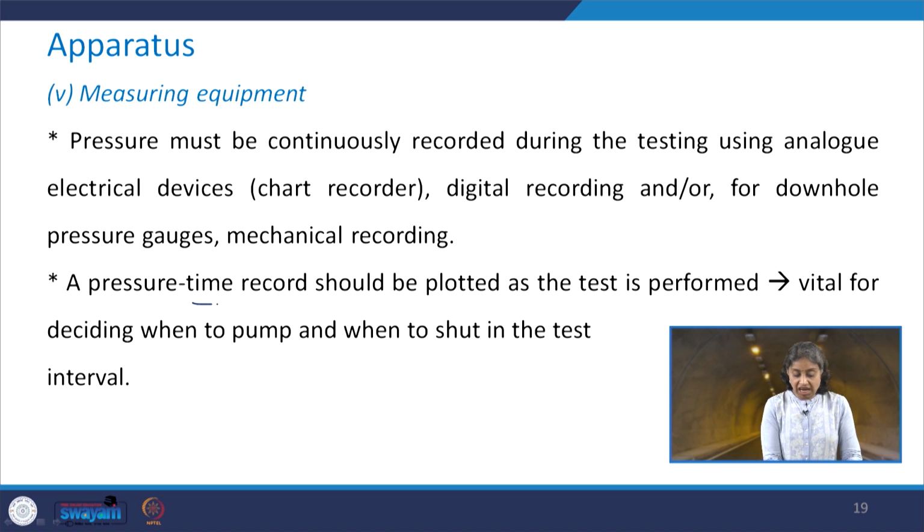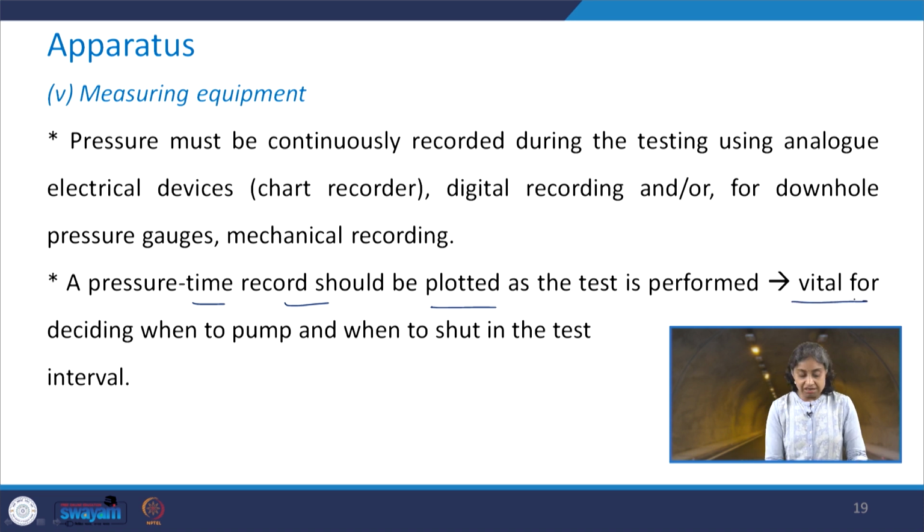A pressure time record should be plotted as the test is performed, with respect to the time pressure is recorded. That means ultimately at the end you will get a plot between pressure and time, and then you have to interpret that pressure versus time record to obtain the in situ state of stress.